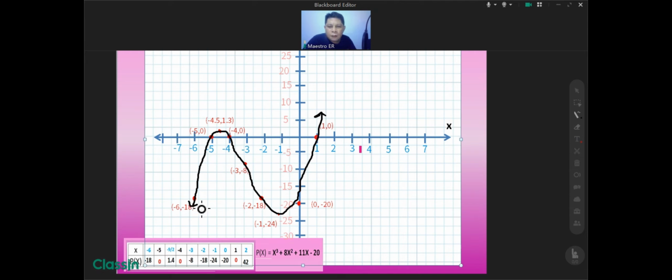So this is now the graph of p of x equals x cubed plus 8x squared plus 11x minus 20. So the graph comes up from the extreme left and goes up to the extreme right.